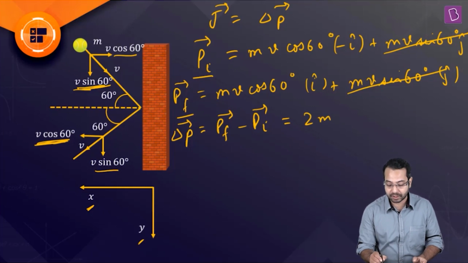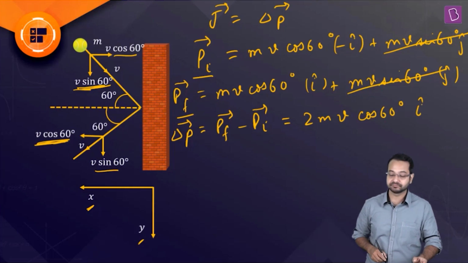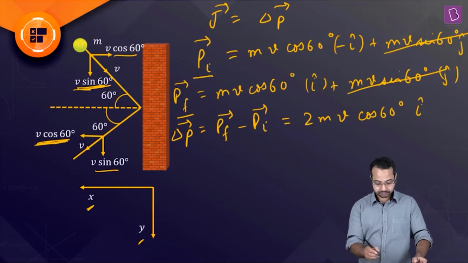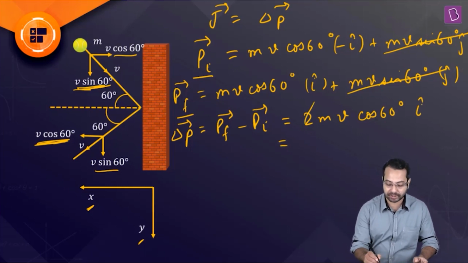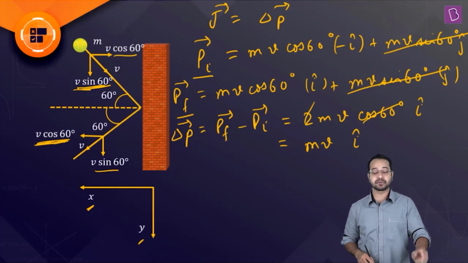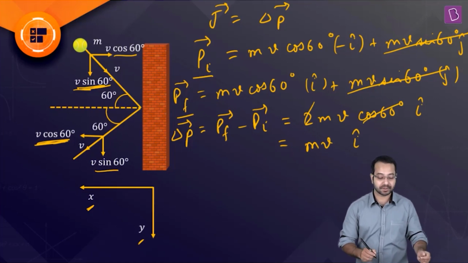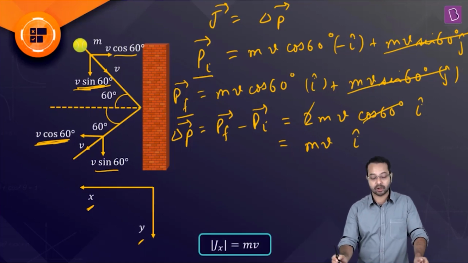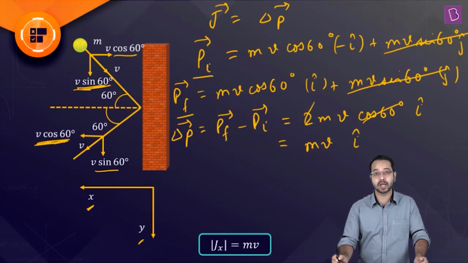So I'll be left with 2 mv cos 60 degree i cap. Is that correct? So cos 60 degree is half. So 2 and cos 60 degree is going to give me 1. So the change in momentum or the impulse is mv i cap. Perfect. Now we need to find out what is the magnitude. So the magnitude of impulse is equal to mv.